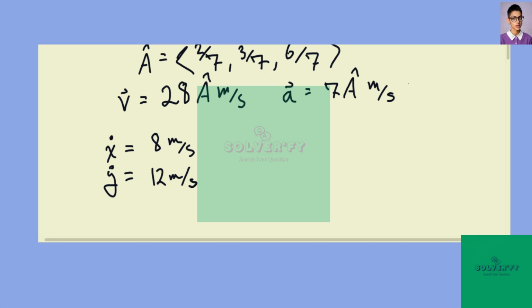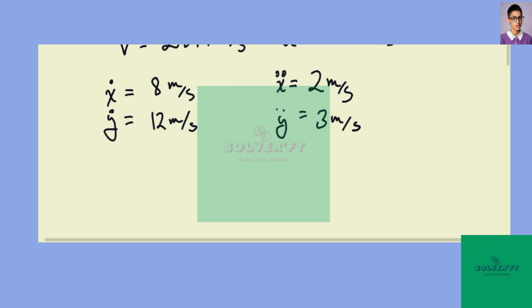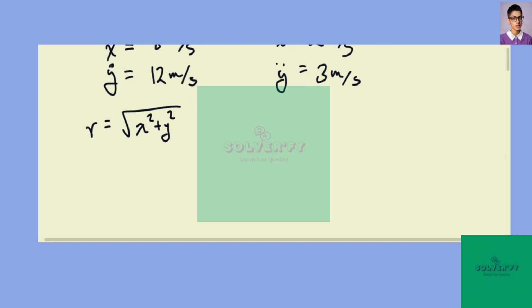And we'll do the same thing for acceleration, which is going to be a little simpler since we have 7 and 7, so x dot dot is just going to be 2 meters per second squared. And y dot dot is going to be 3 meters per second squared. So to find r from these, we know that generally r is square root x squared plus y squared, and the same thing will apply here.